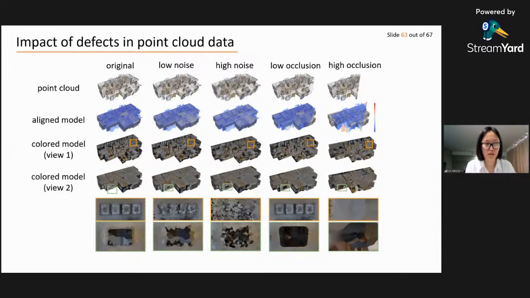Then that would give us a good idea of how we can clean the input beforehand and just give the cleaned input to our method and apply it directly, or we can use their computed probability to weight our energy function.